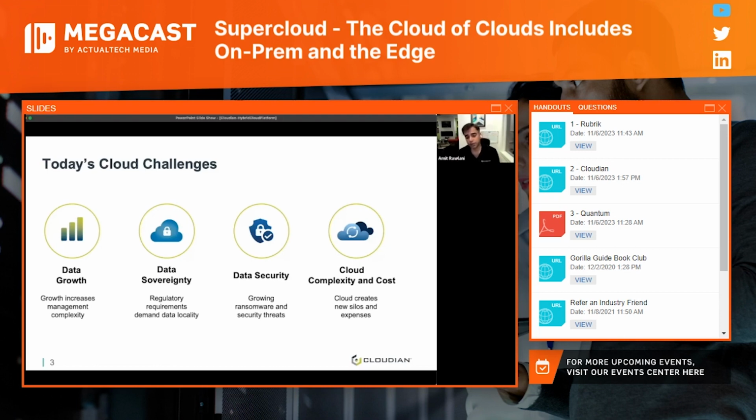Ensuring data security is a huge concern, so that has to be addressed. And of course, the complexity that comes with working with the public cloud, creating your own private cloud, and working in the hybrid environment, and the cost of moving to the cloud, right?